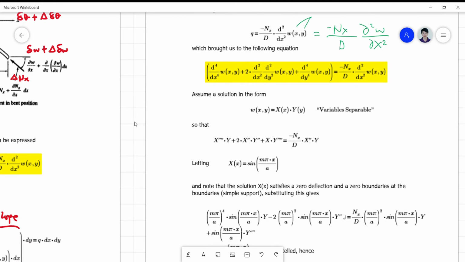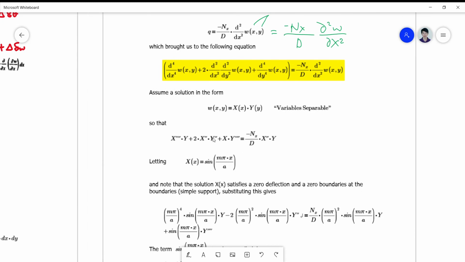Now, to solve this differential equation, we use the method of separation of variables as a tool to come up with a solution. So this is a two-dimensional partial differential equation.